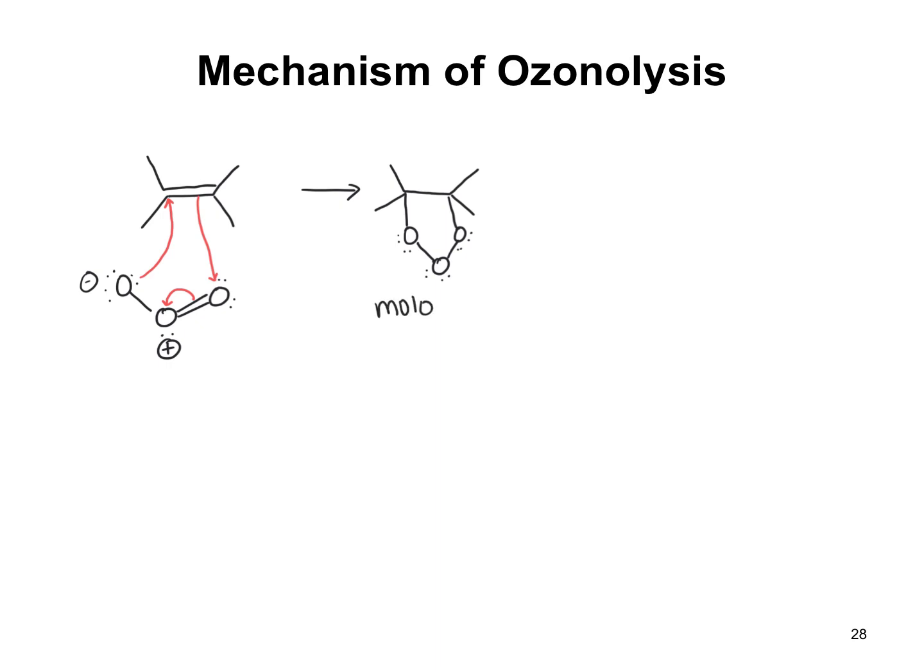This is called molozonide, and it is very unstable. This rearranges into an ozonide pretty quickly.